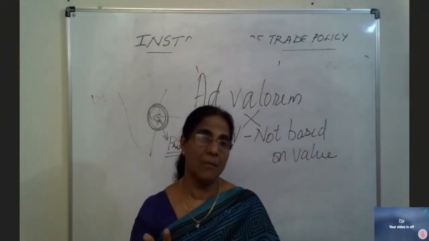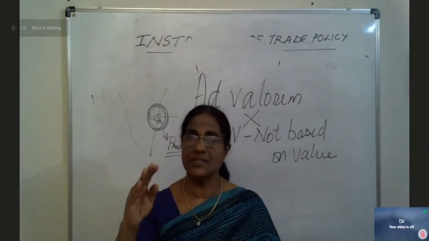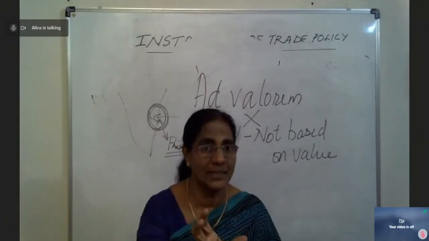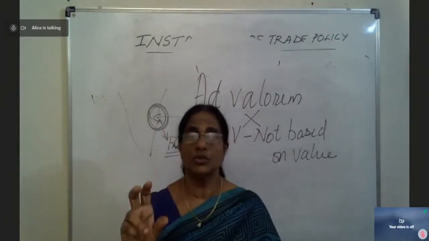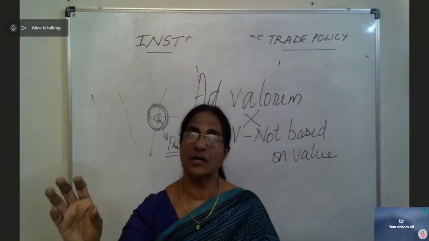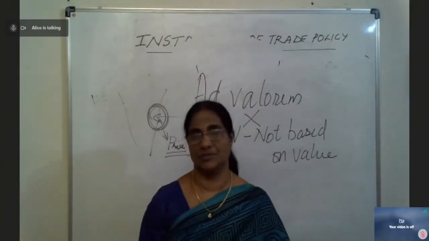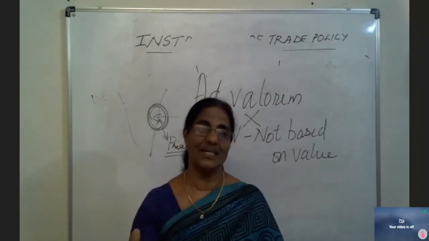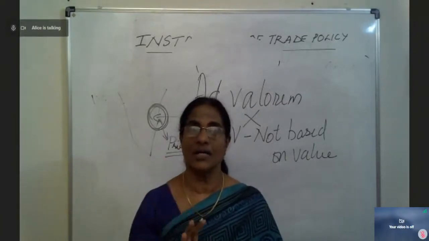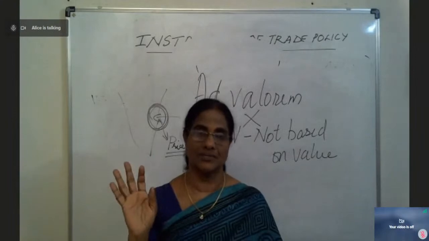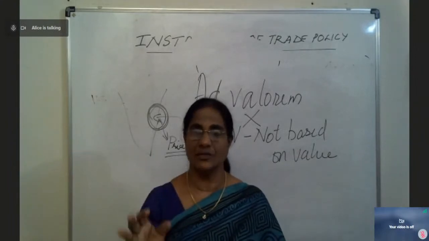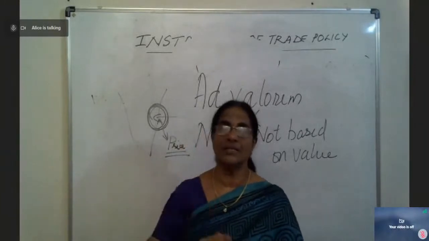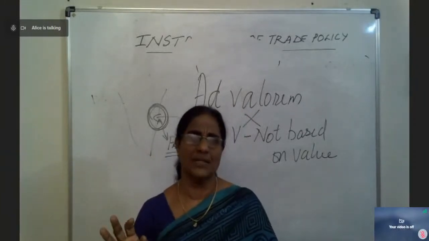Example, 10% ad valorem part is 10% plus 200 rupees a kilogram on cheese. Okay, 10% plus 200 a kilogram on butter. Or 10%, 200 a kilogram on some eatable that's coming, or anything, or component.